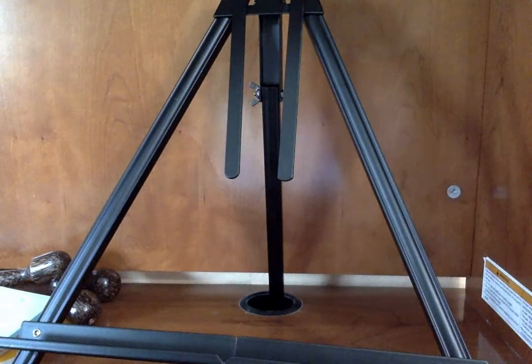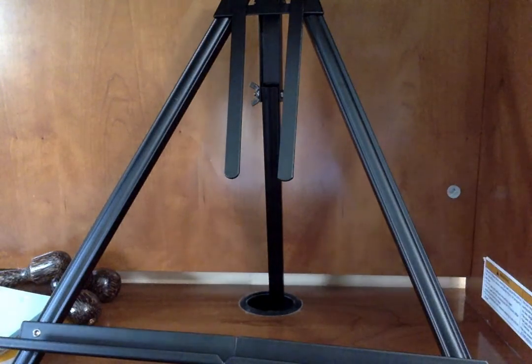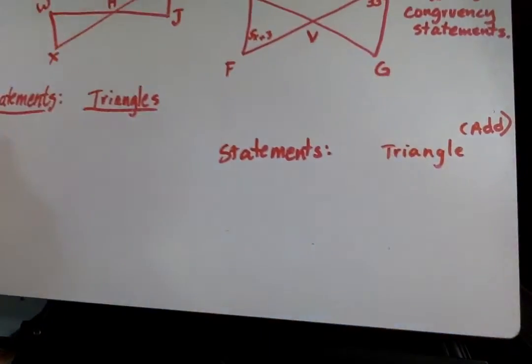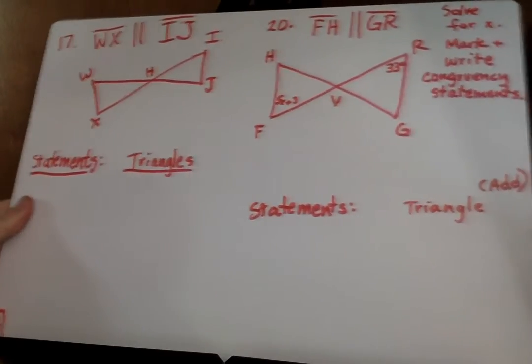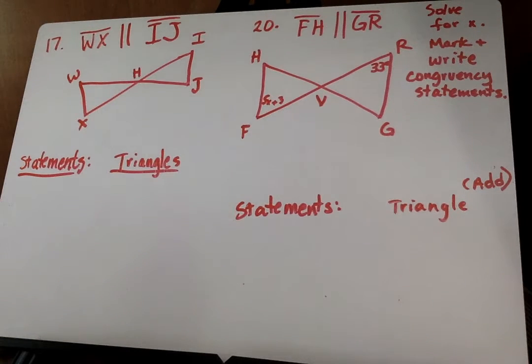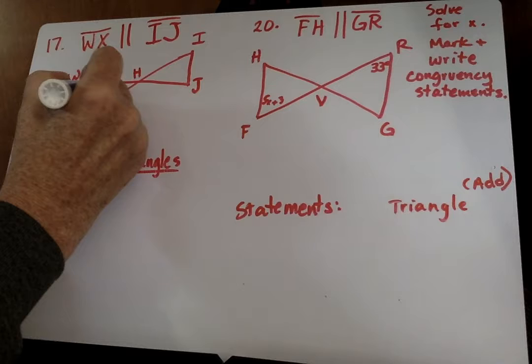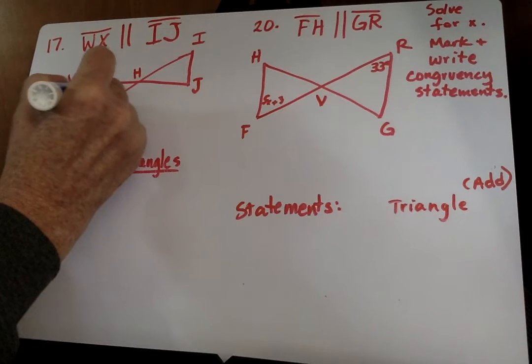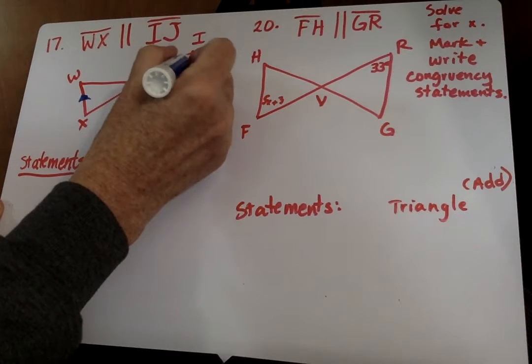Next, we're going to go on to number 17. It says WX is parallel to IJ. That means we're going to put little arrow signs here. We know that this is parallel to this.